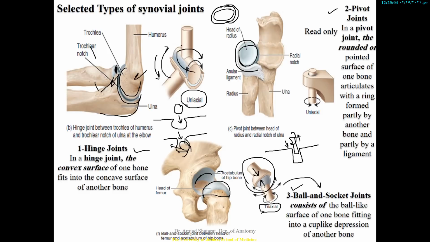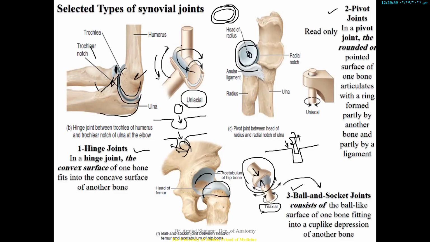You don't need to know it now, and therefore the head of the radius just rotates within this ligament, producing what we call supination and pronation, and this is the superior radio-ulnar joint. It performs on one axis, rotation: supination and pronation are the functions of this joint.